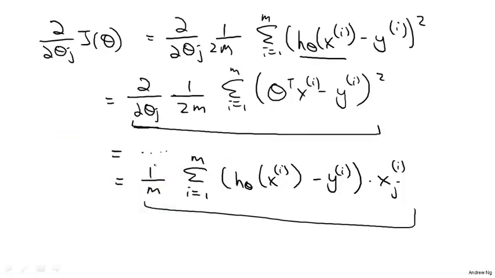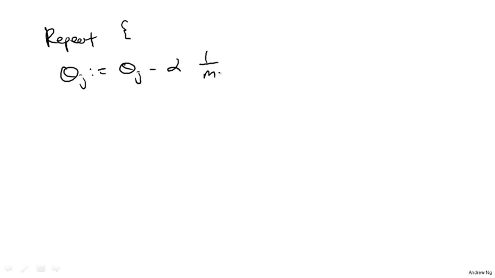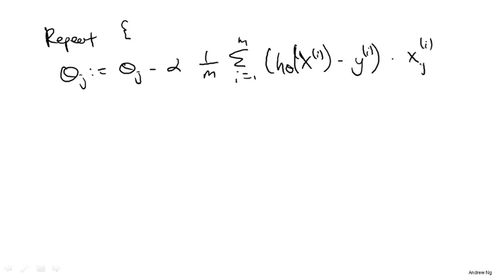So going back to this equation, here's my partial derivative, and thus this gives me my gradient descent algorithm, which is: I'm going to repeat, update theta j as theta j minus my learning rate times that term, minus yi, times xi j.